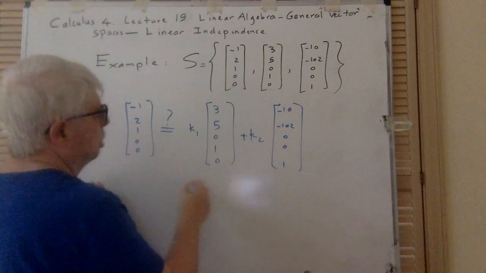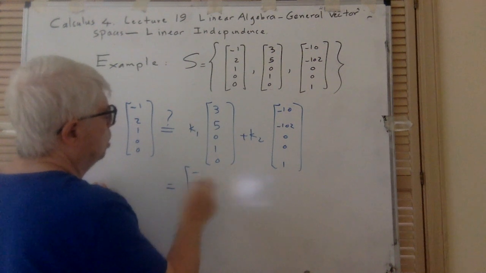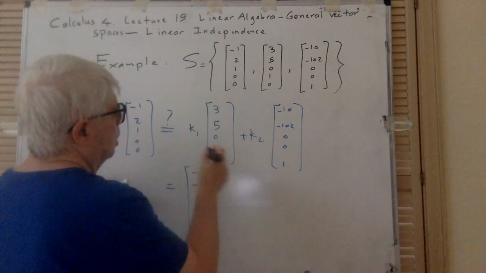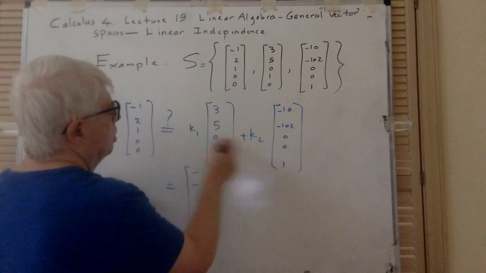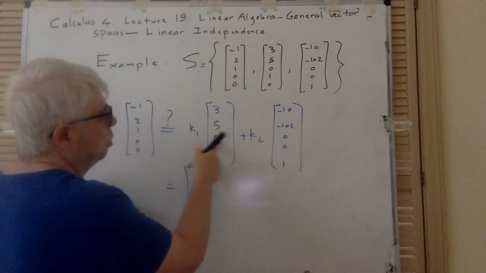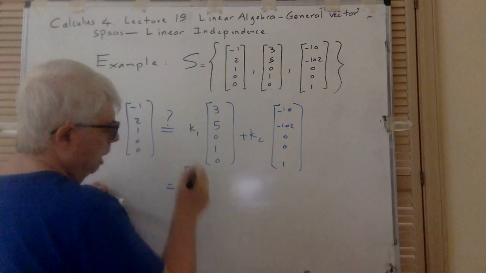I don't care about the other entries, whatever they are. But what happens to the third entry? k1 times 0 plus k2 times 0 is 0. And the rest I don't care.